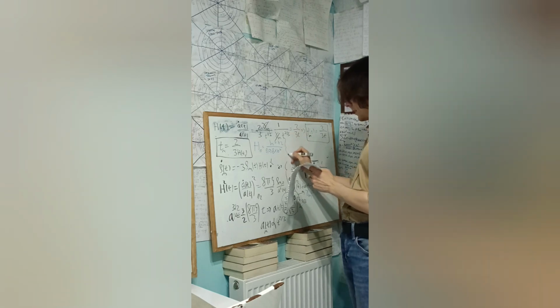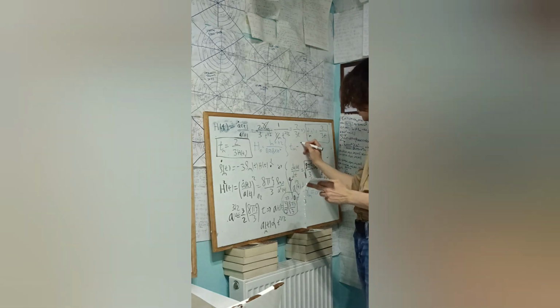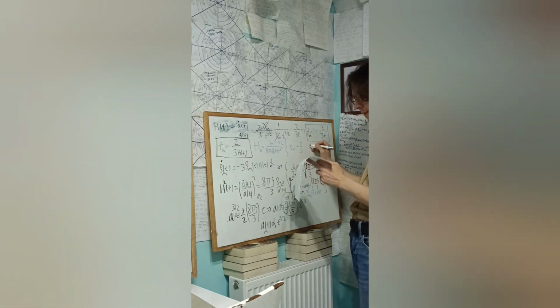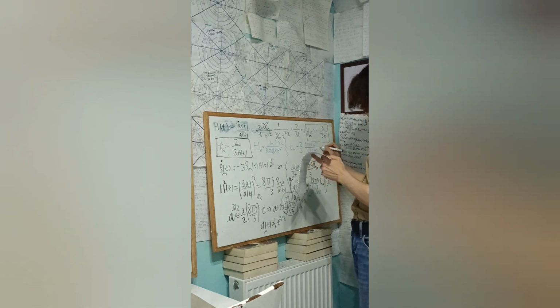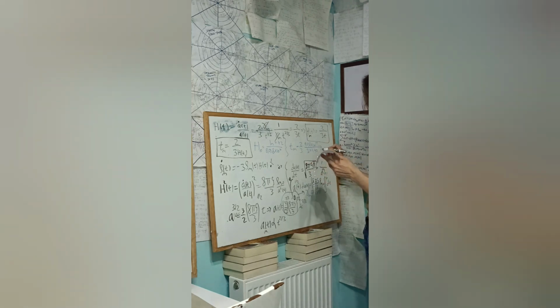If I put that in for t m, I just calculated it: 2 over 3 times 0.098 times 10 to the 10, which gives 9.1 times 10 to the 9 years.